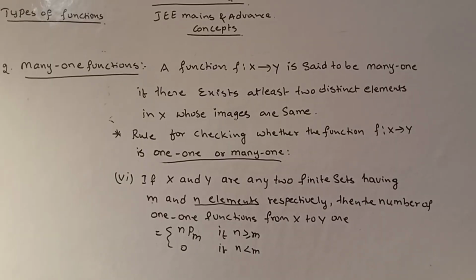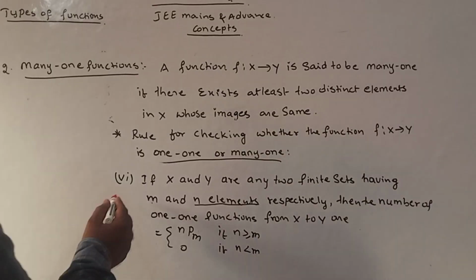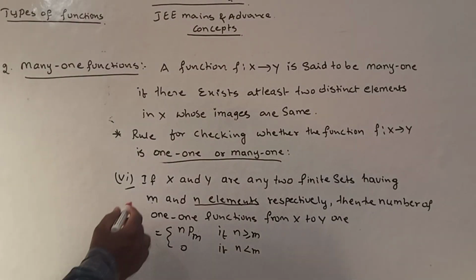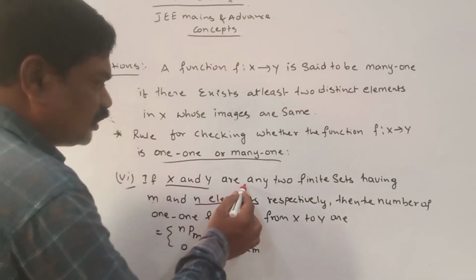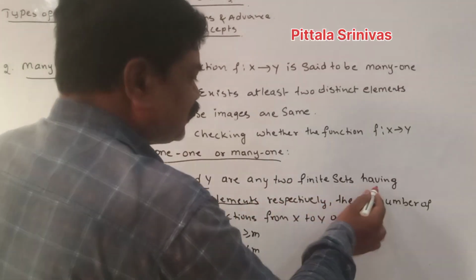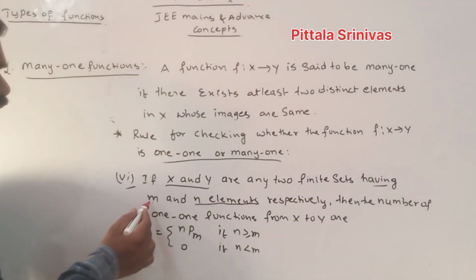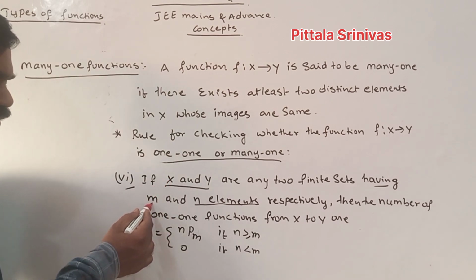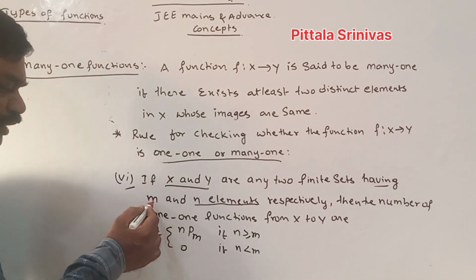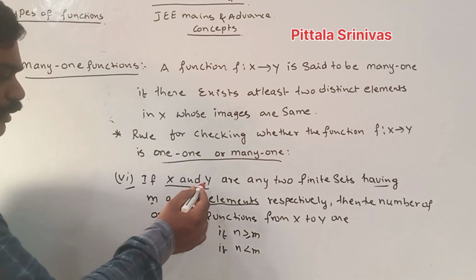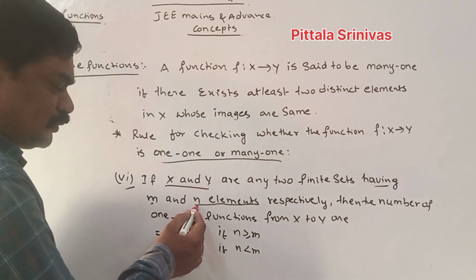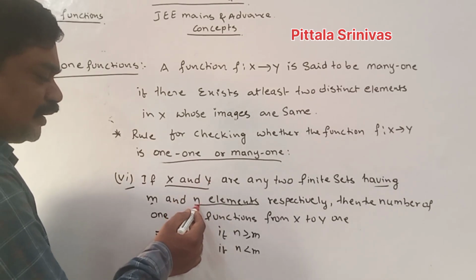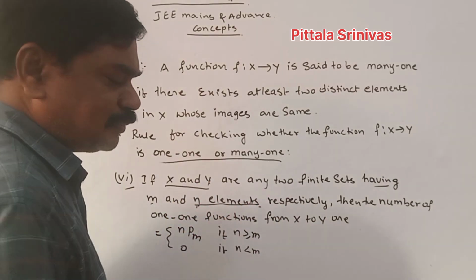Here one more interesting rule for checking 1 1 function. If x and y are any two finite sets having number of x equal to m, that means x has m elements, and number of y equal to n, that y has n elements respectively.